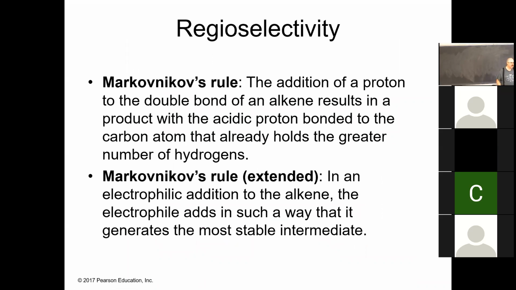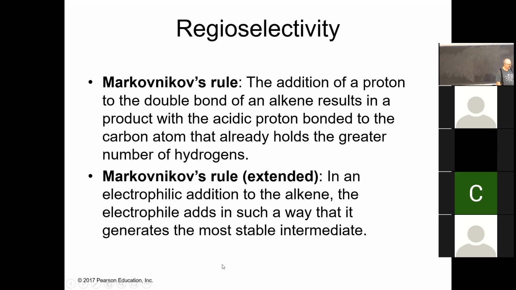Okay, if the alkene is unsymmetric, we can predict the product isomer using Markovnikov's rule. Markovnikov's rule originally said that whichever side of the alkene had the most hydrogens would get the hydrogen. We'll look at a couple of reactions which appear to violate Markovnikov's rule.